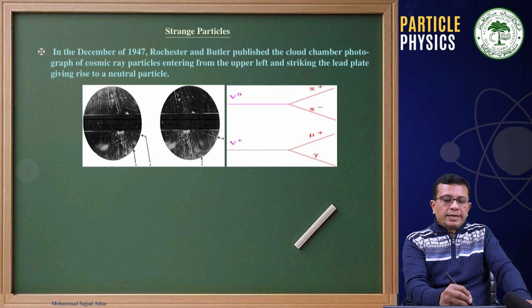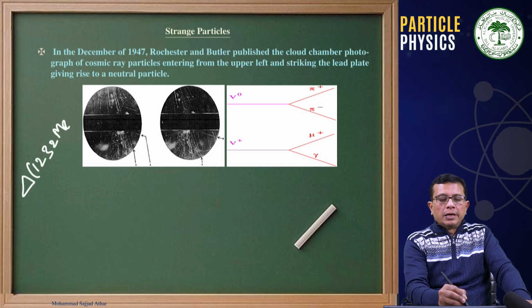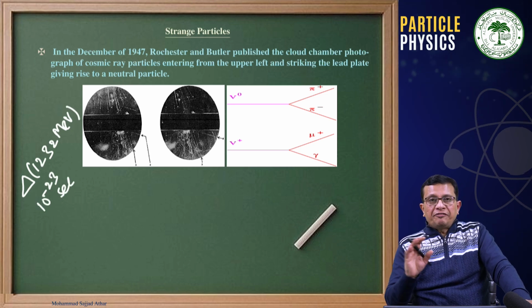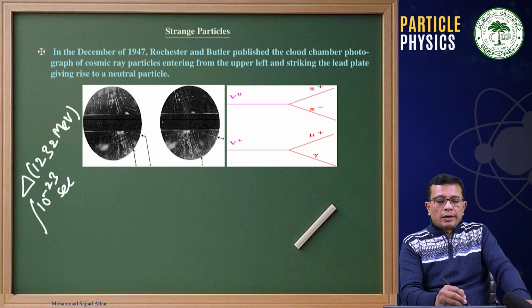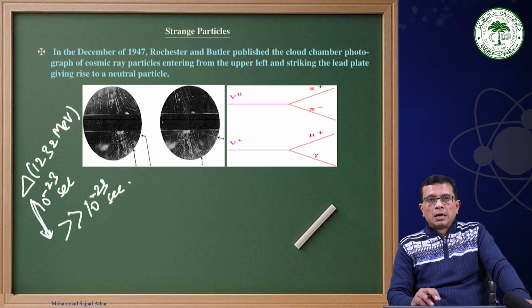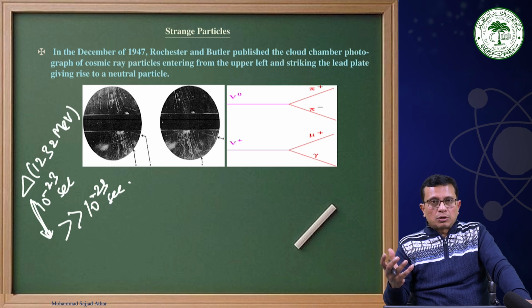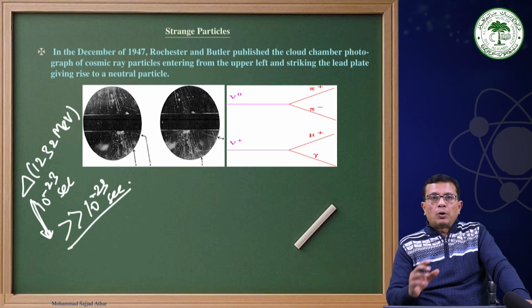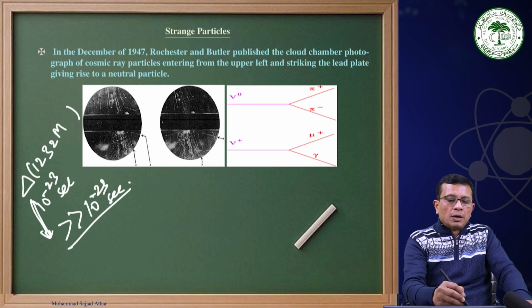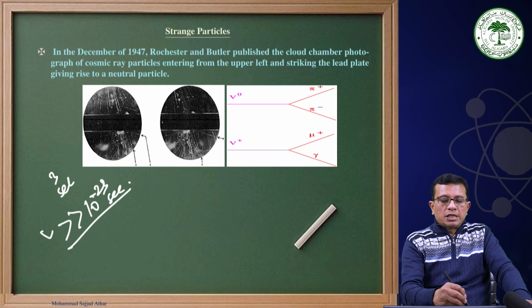For example, a delta particle whose mass is 1232 MeV has a lifetime of 10⁻²³ seconds. Now, a few particles were observed in this mass range whose lifetime was much larger than 10⁻²³ seconds. While the production time was of this order, the decay time was much larger, and that is why such particles were called strange particles.